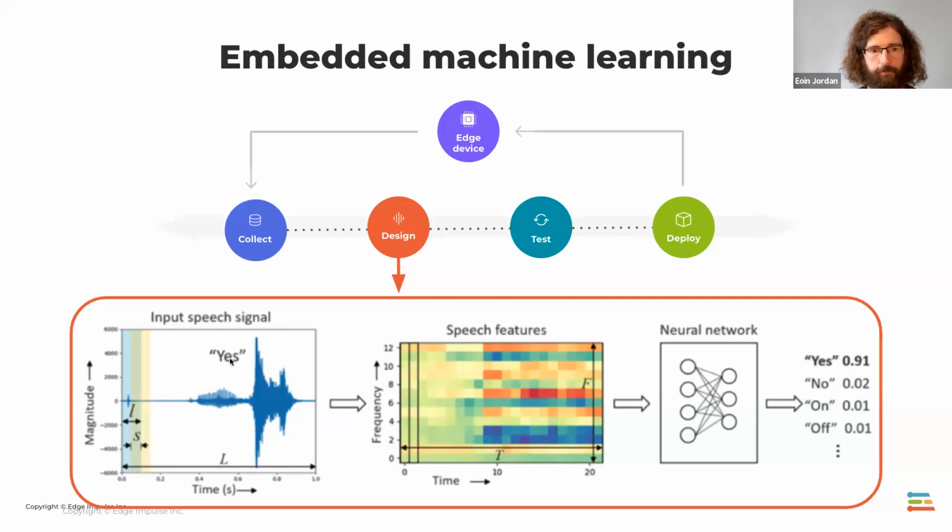Here it's a speech saying yes, and then we can pass that to the neural network, our model, and get a confidence score such as 0.91 here for yes.